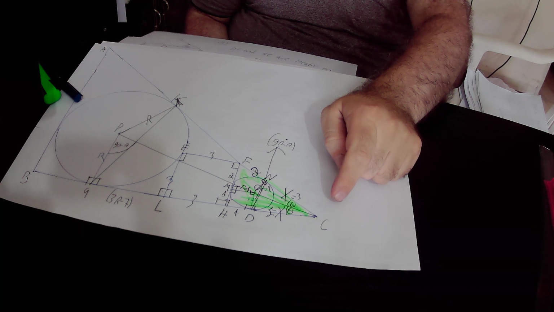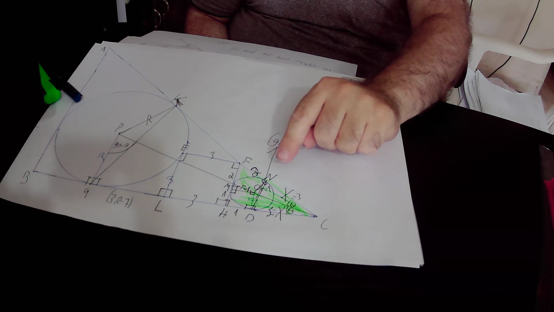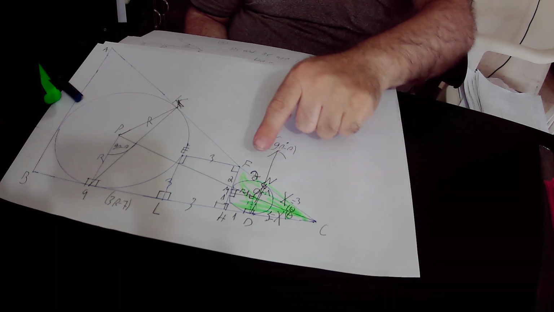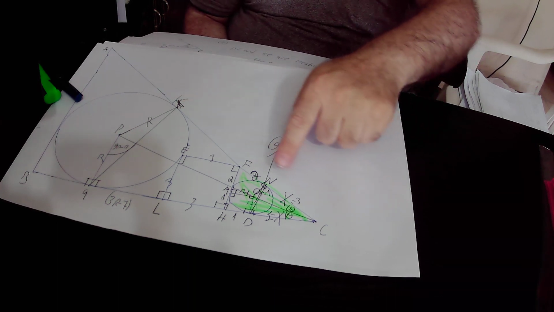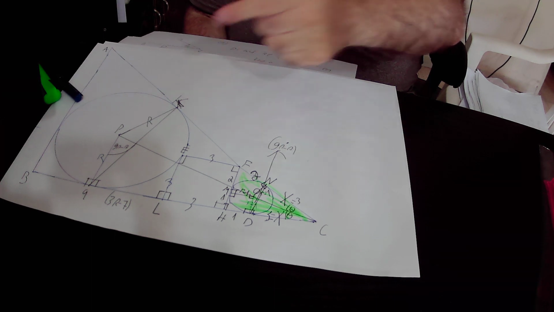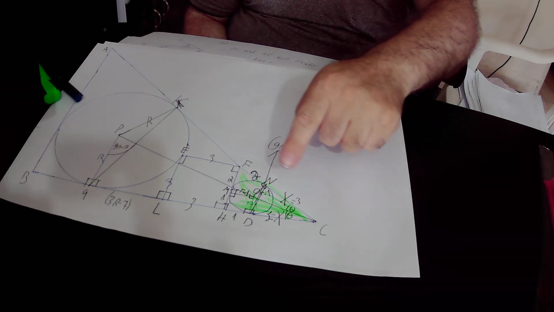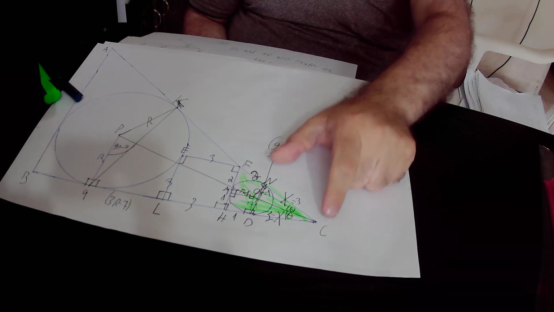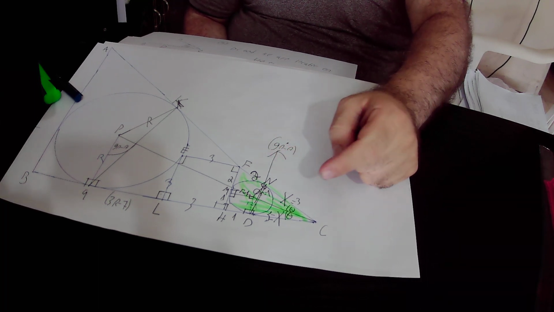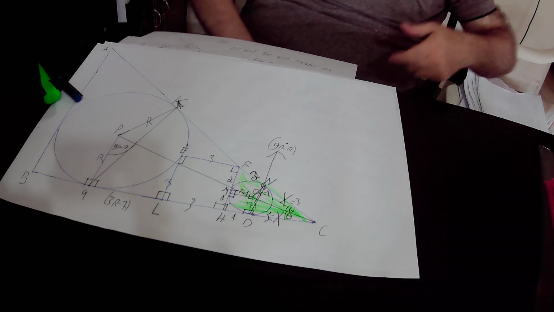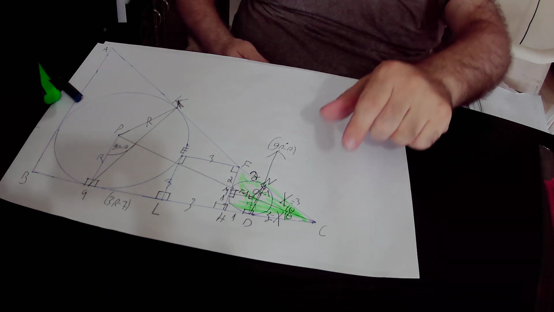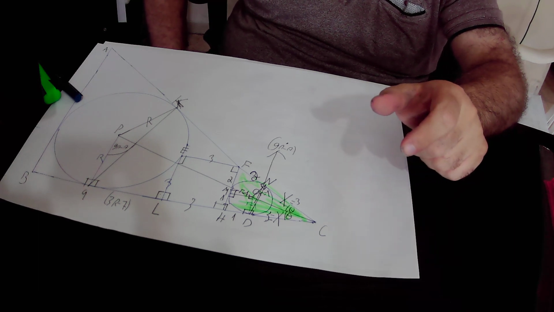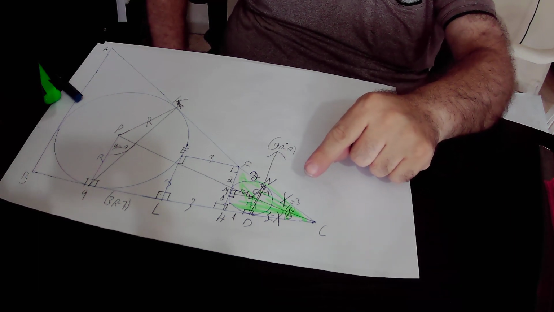CO will be on the same straight line as CP only if CO and P are located on the same straight line. But if CO doesn't pass through point P, it means that CO and CP are located on different straight lines. Otherwise, CO will pass through point P.